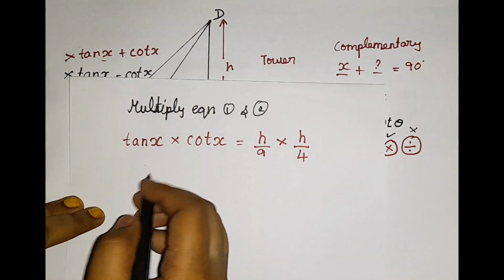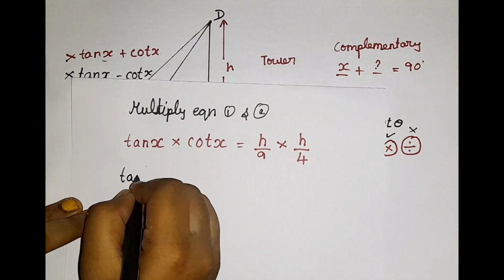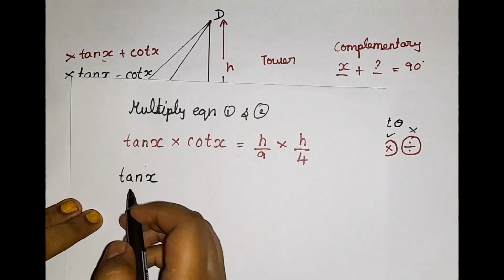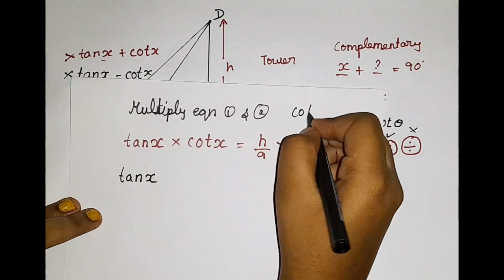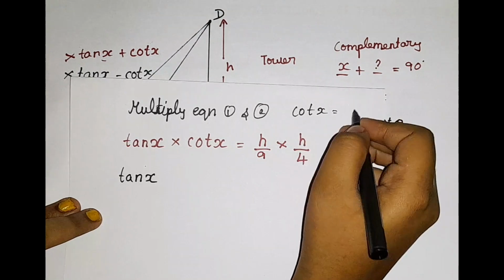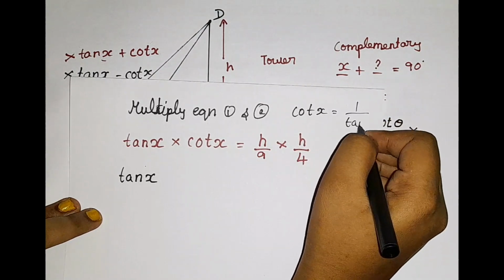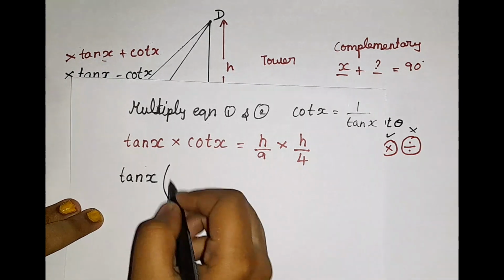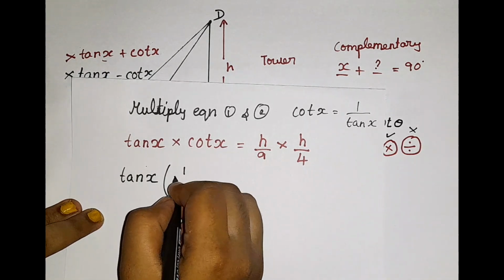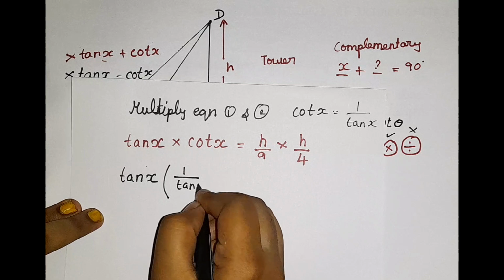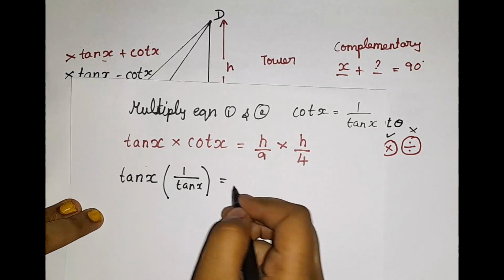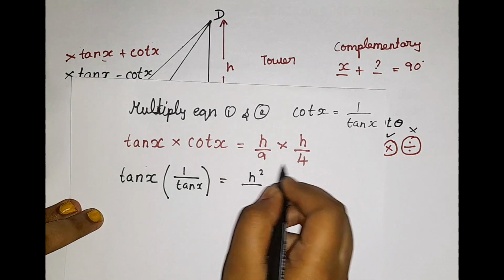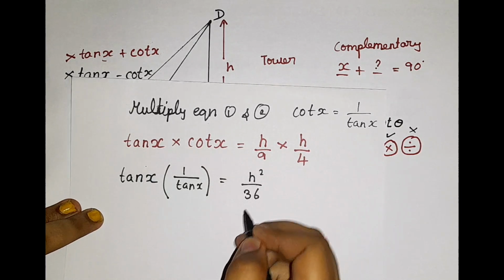First I will write tan x as it is, and then cot x. We have a formula for cot x: cot x is equal to 1 by tan x, isn't it? This is a formula, so we can apply it here. Bracket, into 1 by tan x, close the bracket, is equal to h into h is h square, and 9 into 4 is 36.